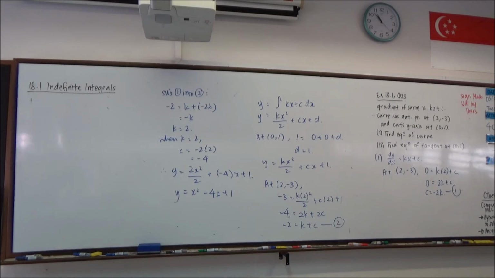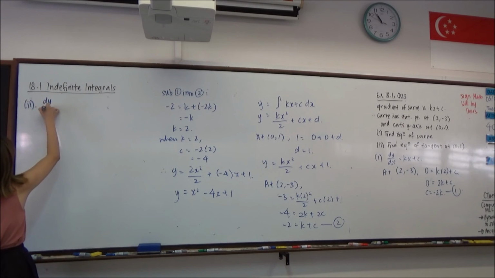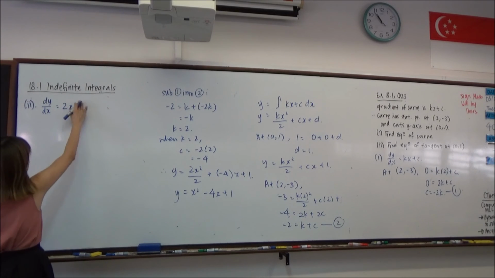Okay? Equation of the tangent at 0, 1. Okay, so we know that the gradient will be kx plus c, which is 2x plus minus 4.